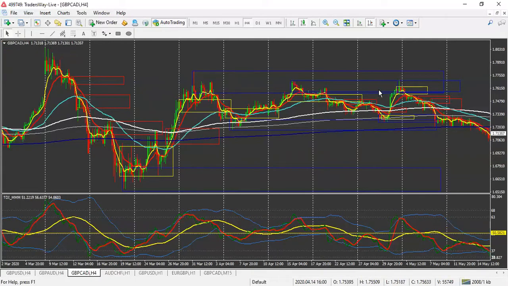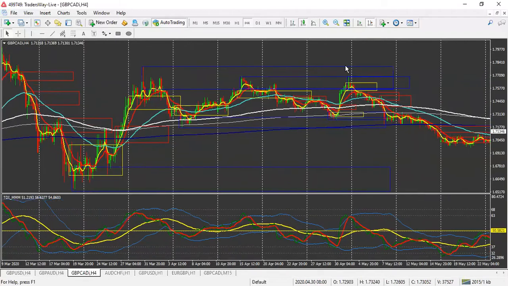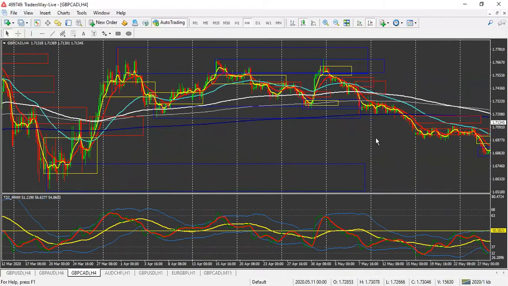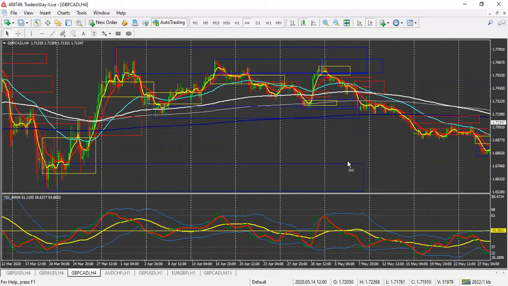So it's in a range, but it's traveling from source to source. Once we created these sources, we have now different target zones for the range. Now these are valid until it breaks. So once this happened, they broke this source. It violated the source. So now the next target is this source down here.